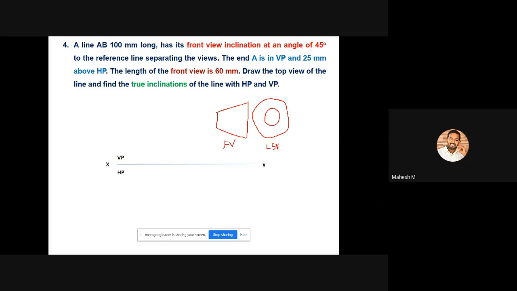The length of the smaller line should be equal to the diameter of the smaller circle. And the length of this bigger line should be equal to the diameter of the bigger circle. So both should be equal.